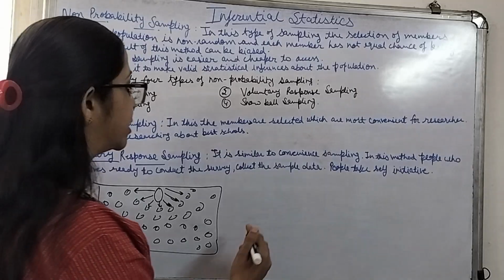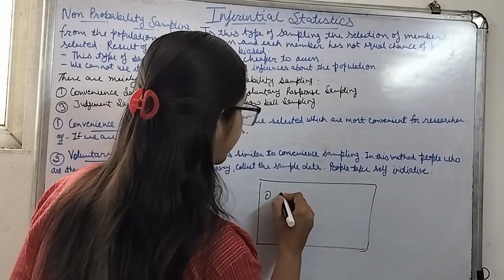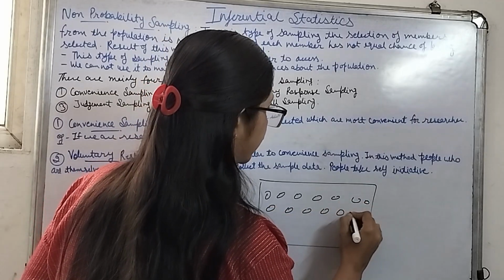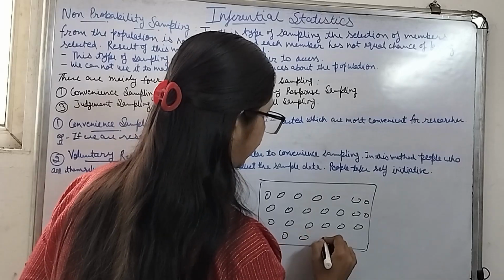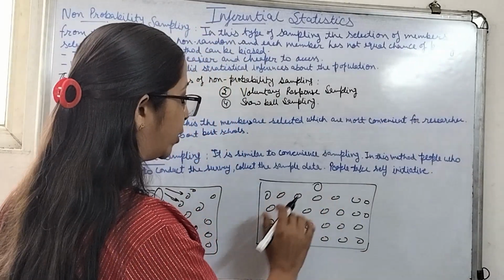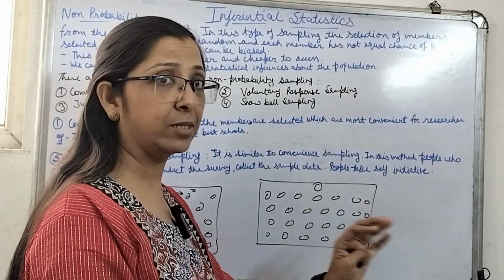Now in voluntary response sampling, suppose this is your population. Here we have represented all this; it could be people or objects. Now this is the researcher. He or she has announced that we want to research on this topic.